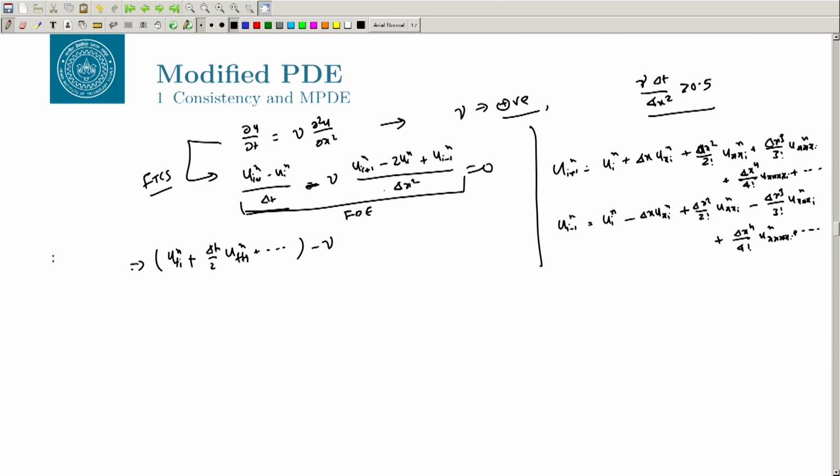So I want to get this term, u_(i+1)^n minus 2 u_i^n plus u_(i-1)^n by delta x square.